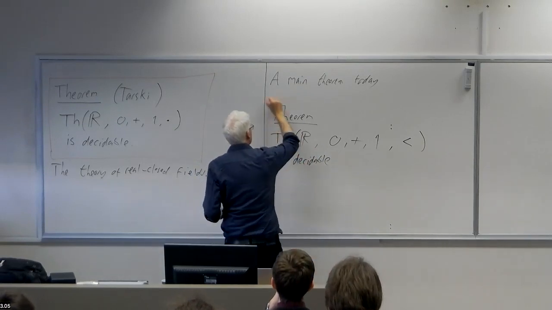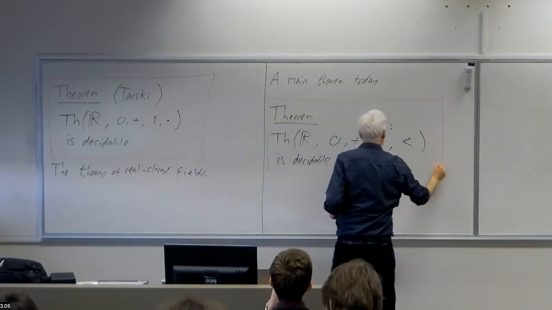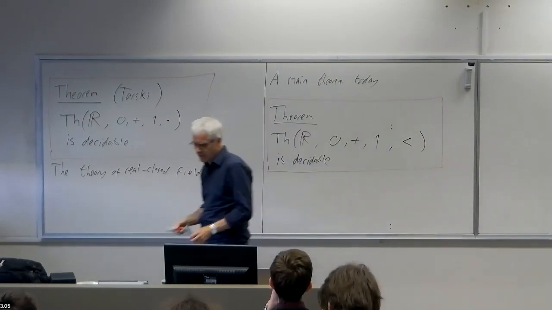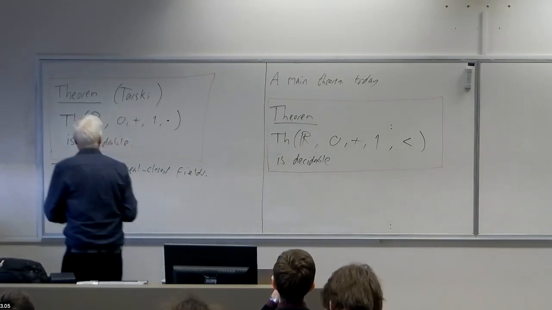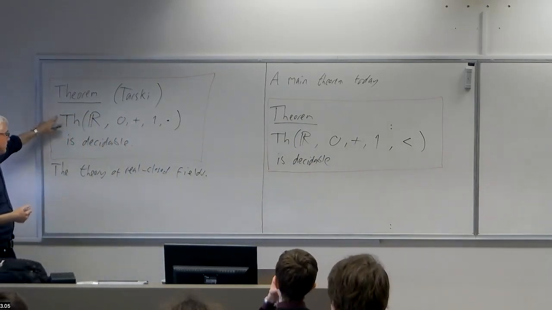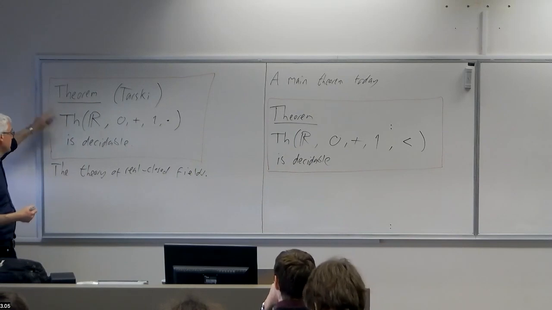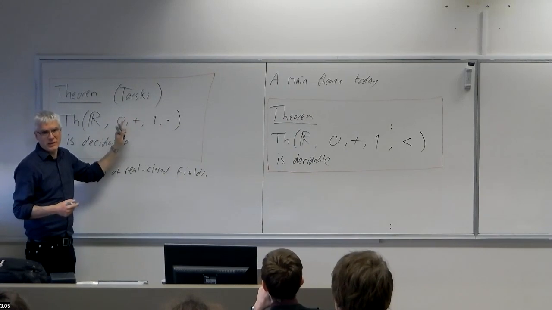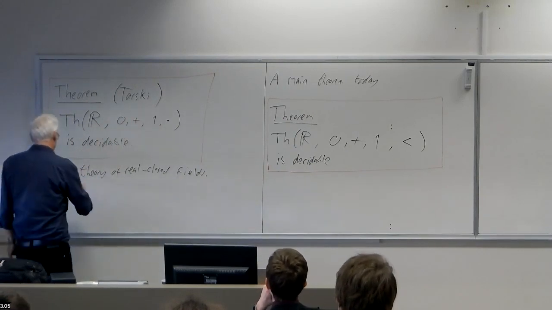And this is strictly less powerful than Tarski's theorem, because, as I think I remarked in one of the earlier lectures, the less than relation is easily definable in this signature.